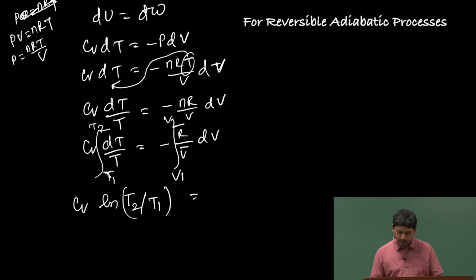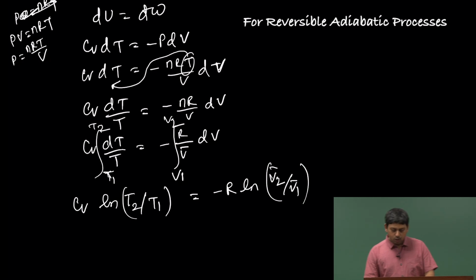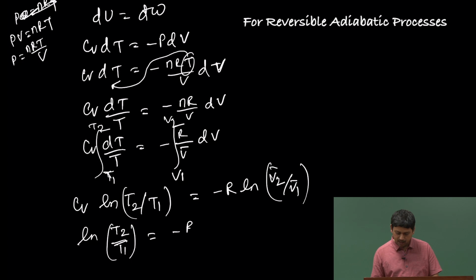Right hand side is minus R ln V2 by V1, I will put the bar. So, now you see I have to equate them both. So, in that case I am bringing Cv down below. So, ln T2 by T1 is equal to minus R by Cv ln V2 by V1.